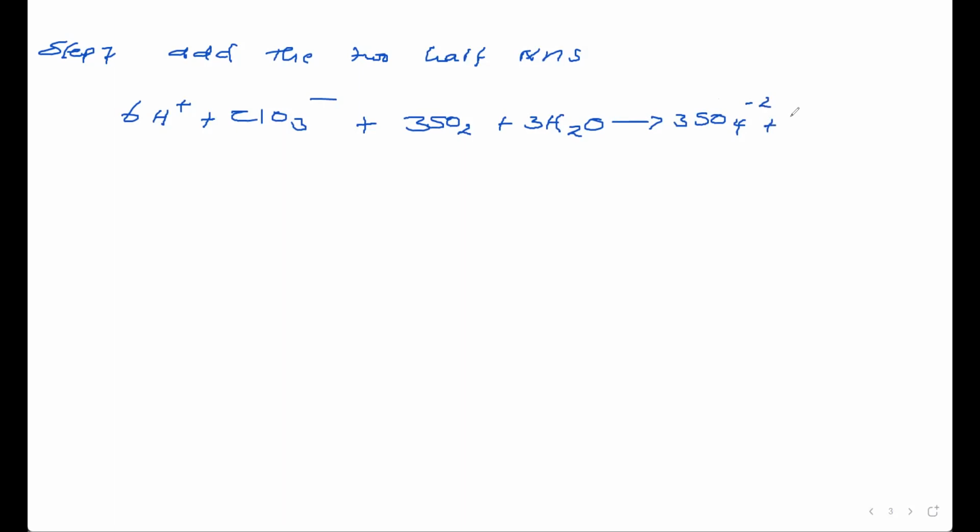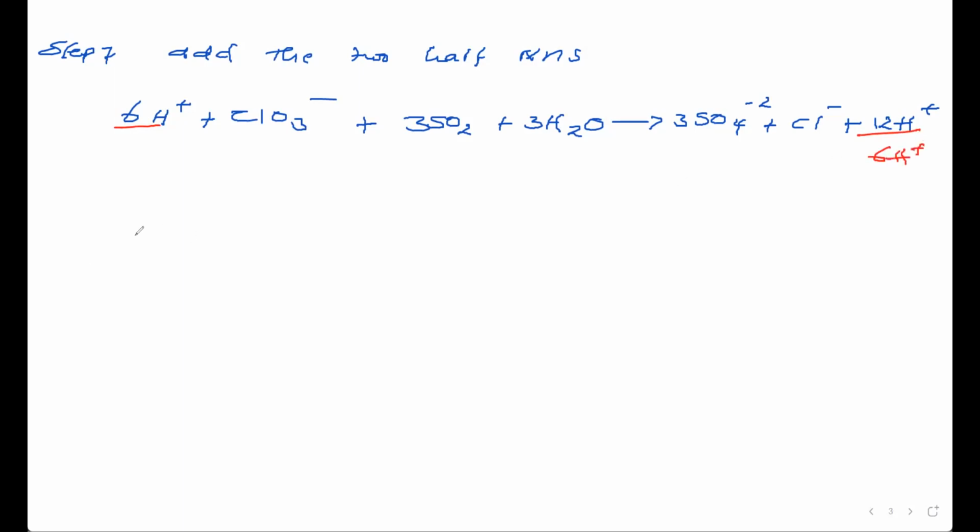plus this here, plus what else do we have? We have 12 H plus. This is not making sense because again we have H plus on both sides. So again, it's easy for us. We can simply cancel again. There's no harm. You can cancel the 6H, and when you cancel, we expect to have 6H plus remaining.